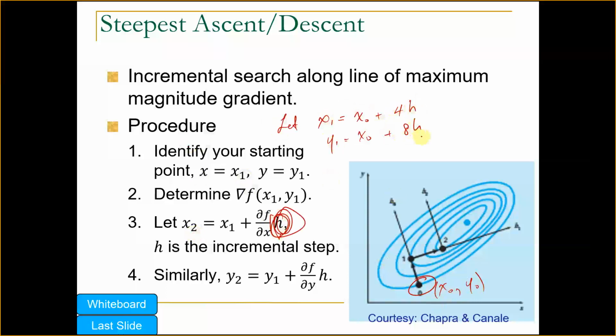So if I wanted to step by 1, let's say x naught, y naught equals 2, 2.